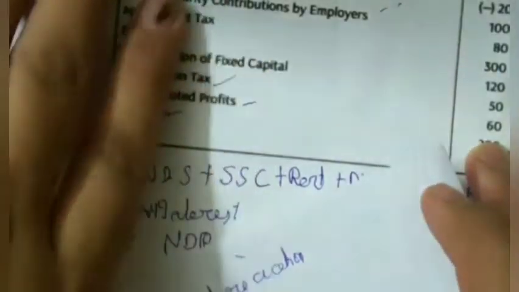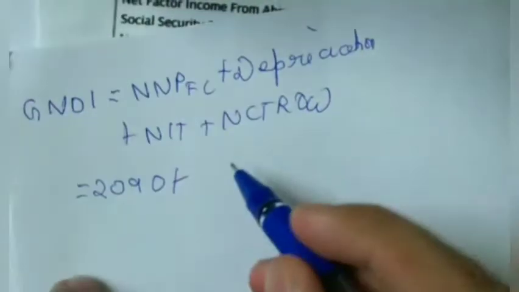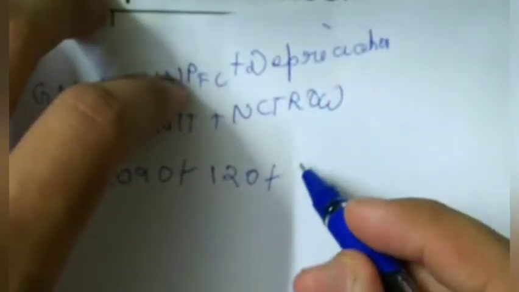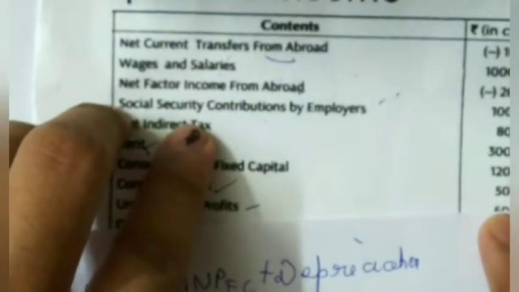Consumption of fixed capital is 120, plus 120, and we have NIT of rupees 80, plus 80, which gives GNPMP, plus net current transfers from abroad of minus 10.